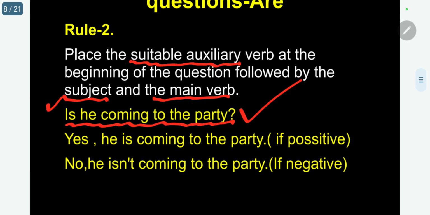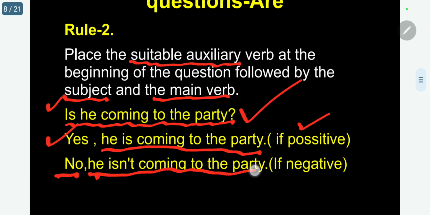Now, there are two possibilities: yes or no. Suppose he is coming: yes, he is coming to the party. That is positive. Suppose he is not ready to come or he is not coming: no, he isn't coming to the party.